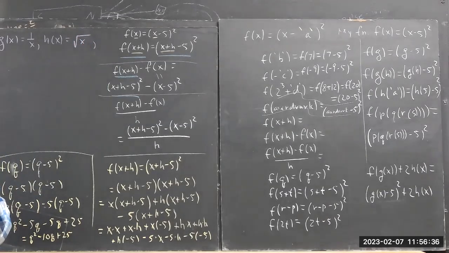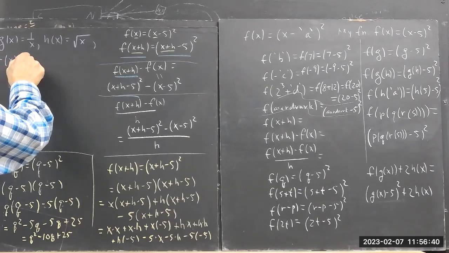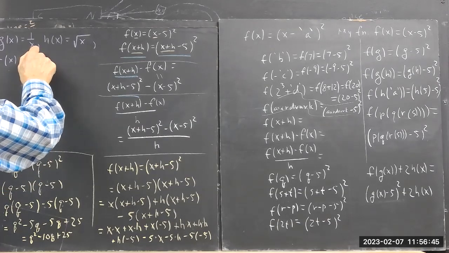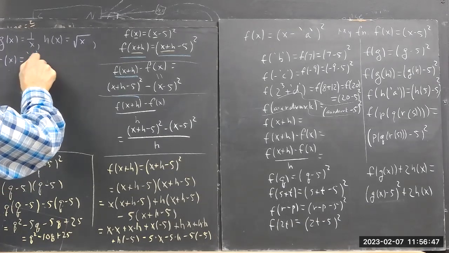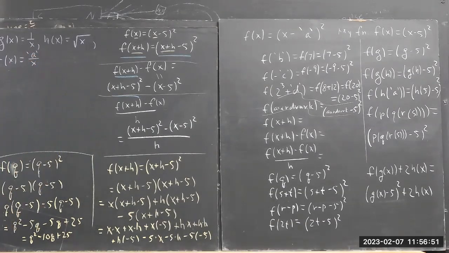And r of x equals a number over x, because it's got backward apostrophes on it.